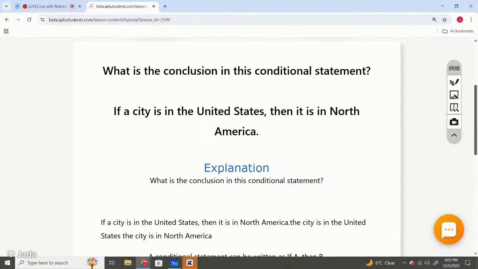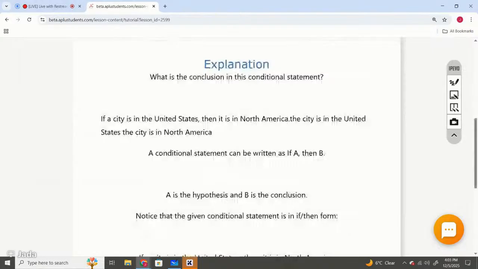We need to find a conditional statement, right? A conditional statement can be written as if A, then B. A is the hypothesis and B is the conclusion, right? If a city is in the United States, then it is in North America. The city is in the United States. The city is in North America.